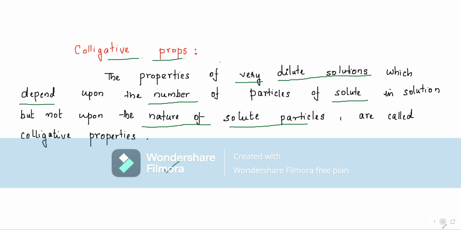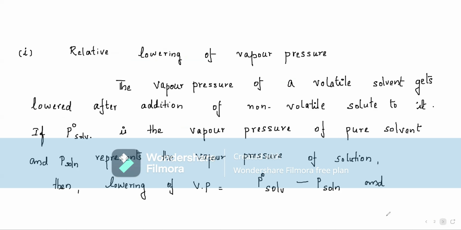We need to study 4 colligative properties. The first one is relative lowering of vapor pressure. So, what is this relative lowering of vapor pressure?